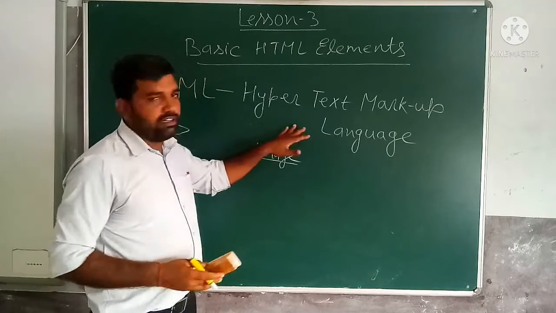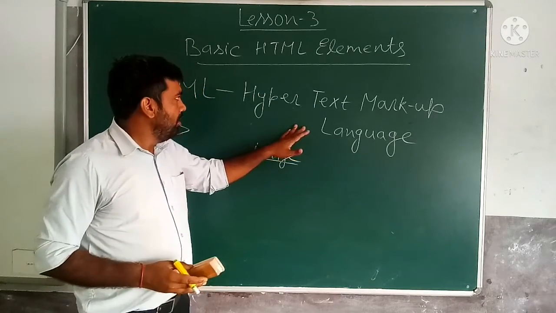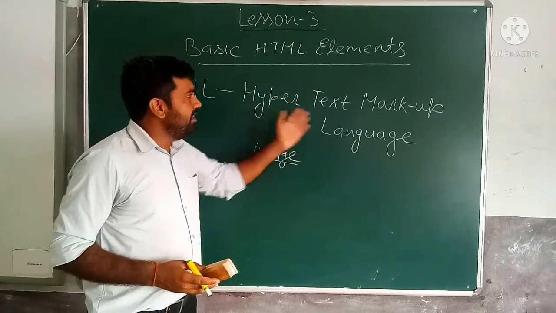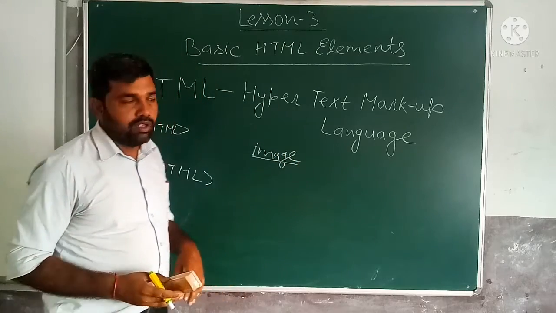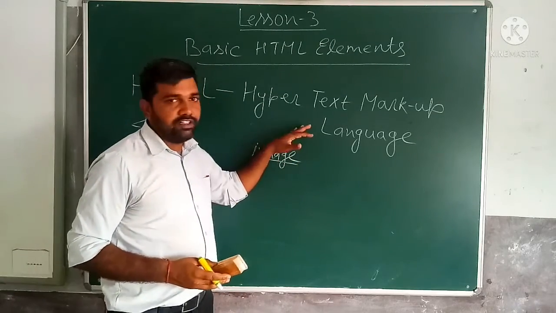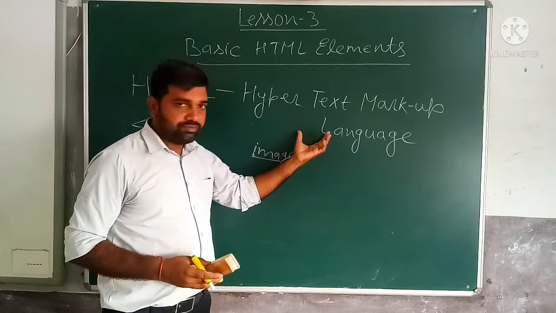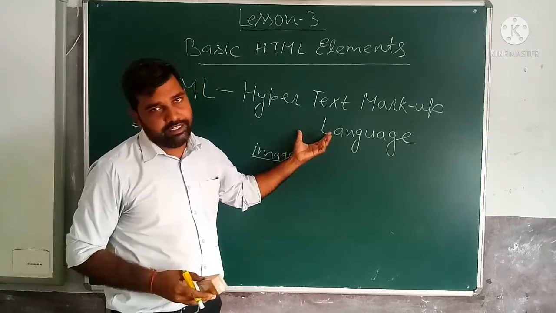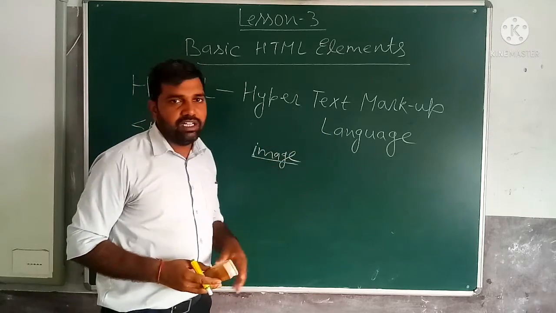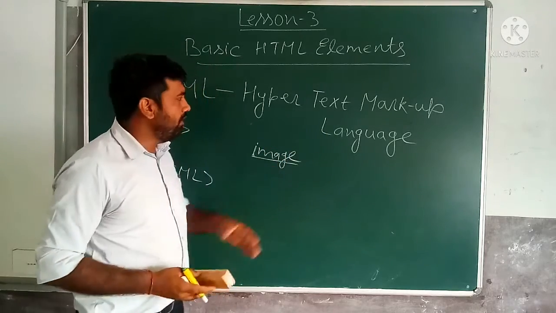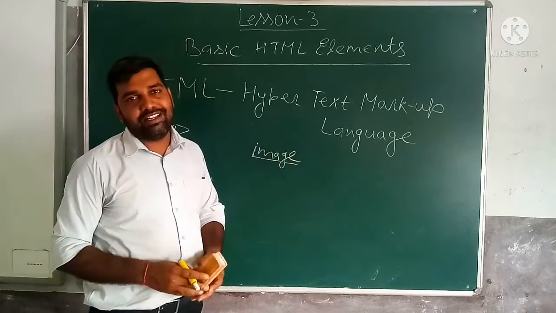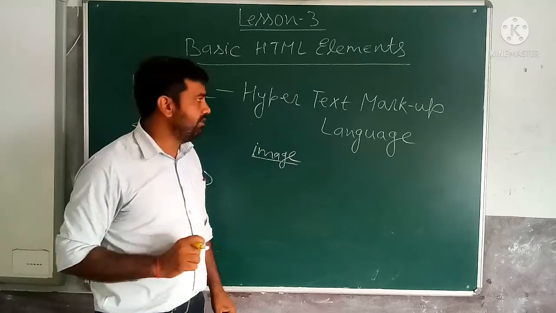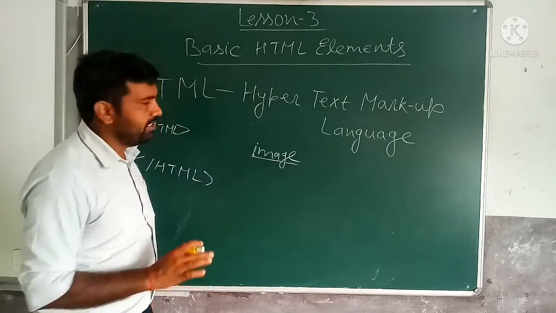A web browser is a translator software which translates the HTML code, and after translating this HTML code, it creates a web page for the client. That's why all the websites and web pages are only accessed via browser. Without a web browser you cannot access any website.